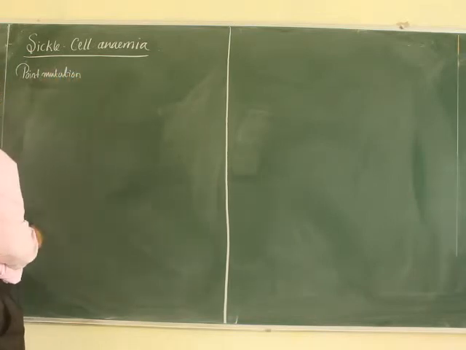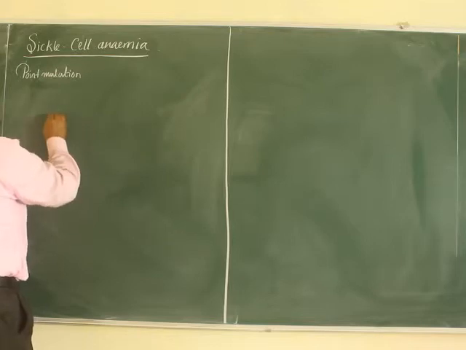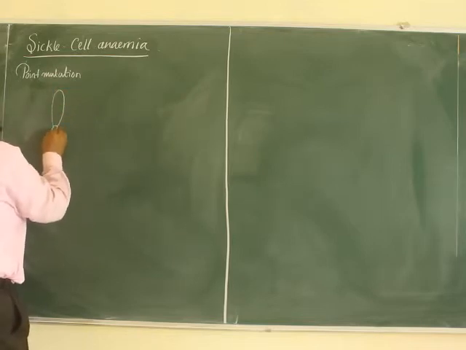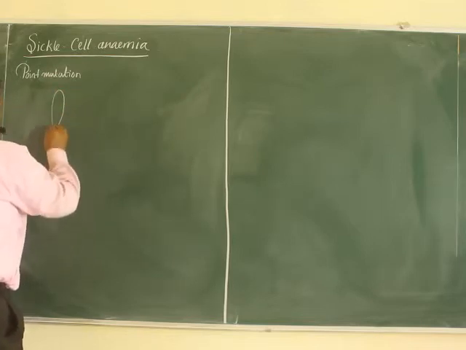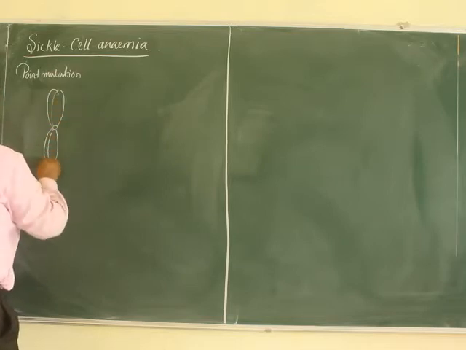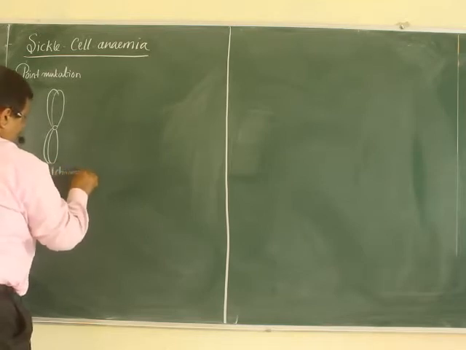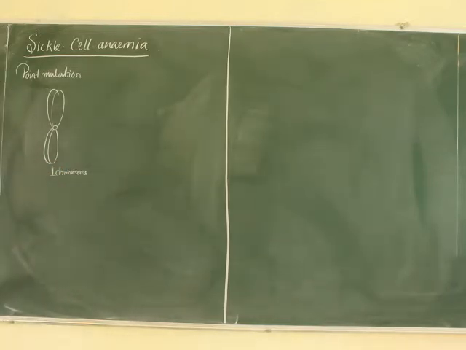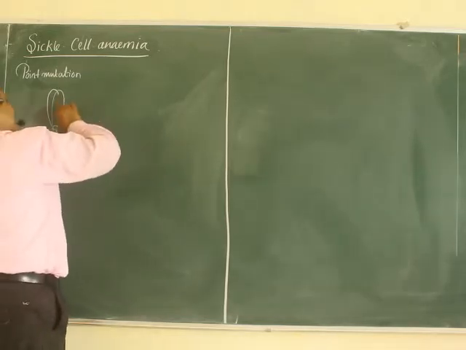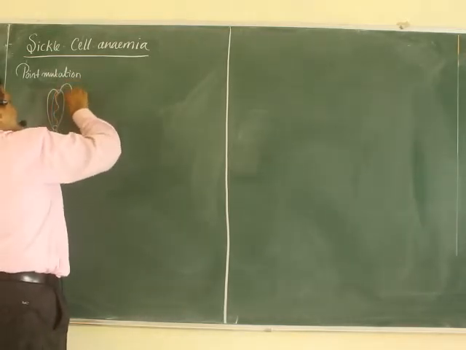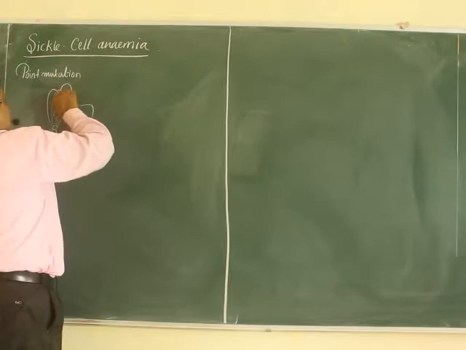for example, this is the first chromosome. Imagine, this is the first chromosome of a human being. And inside that, the genetic material, DNA, will be there.